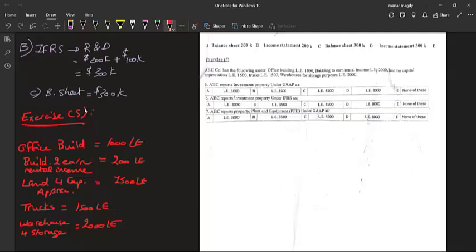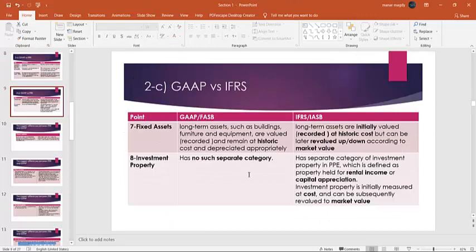If we remember, in the last session, investment property: under GAAP, there is no such separate category for investment property, while under IFRS, there is a specific category for this kind of property, plant, and equipment that is bought for investment purposes, such as to acquire rent, or for capital appreciation, where they buy a certain kind of asset at a lower cost and wait for it to increase its price in the future in order to sell it at a higher price and then gain that difference.